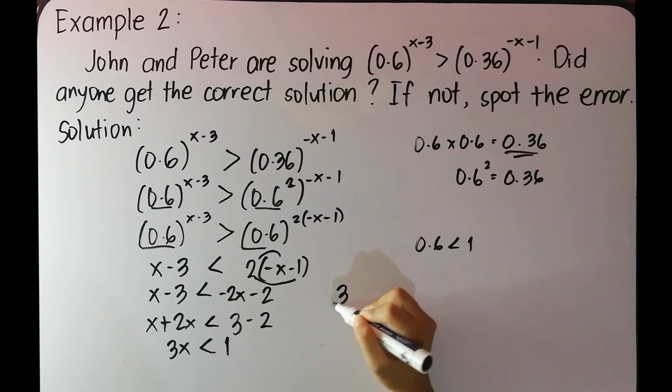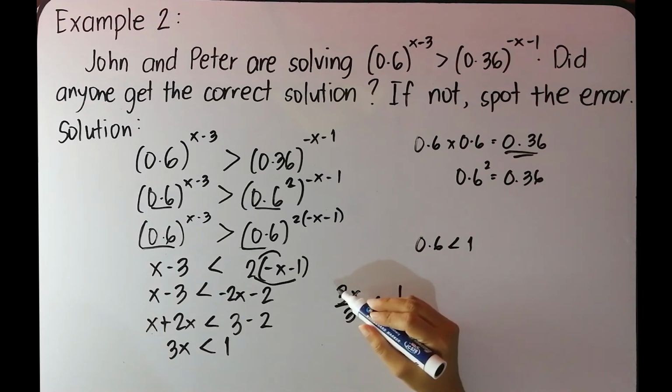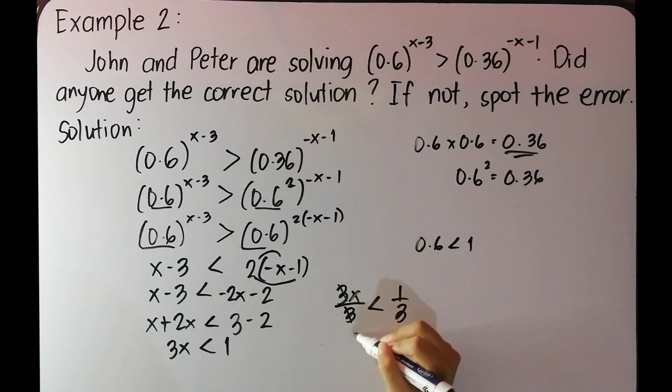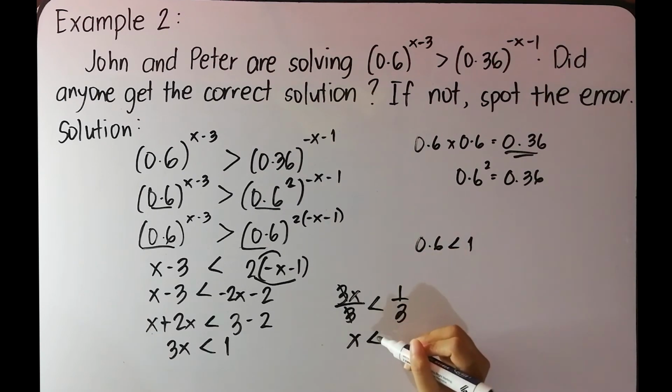Dividing both sides by 3, because that is the numerical coefficient of x, 3 divided by 3 is 1. So we have x less than 1/3.